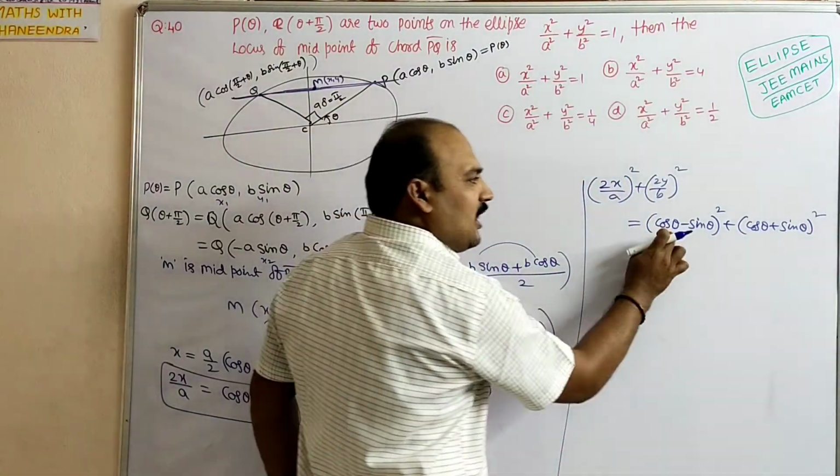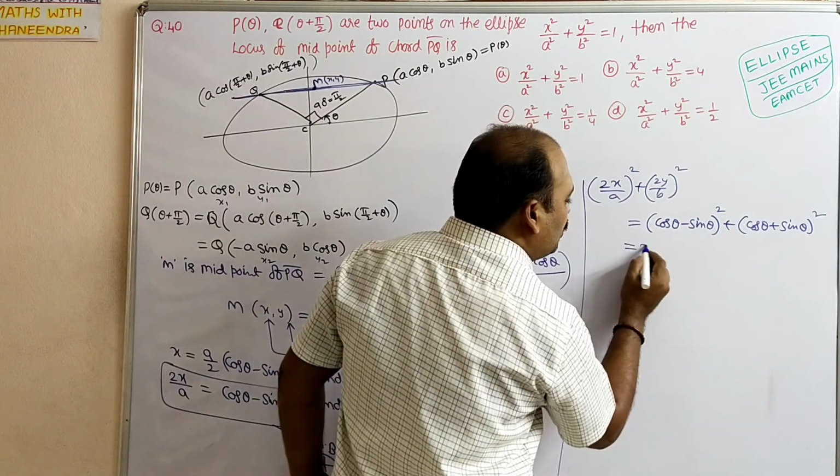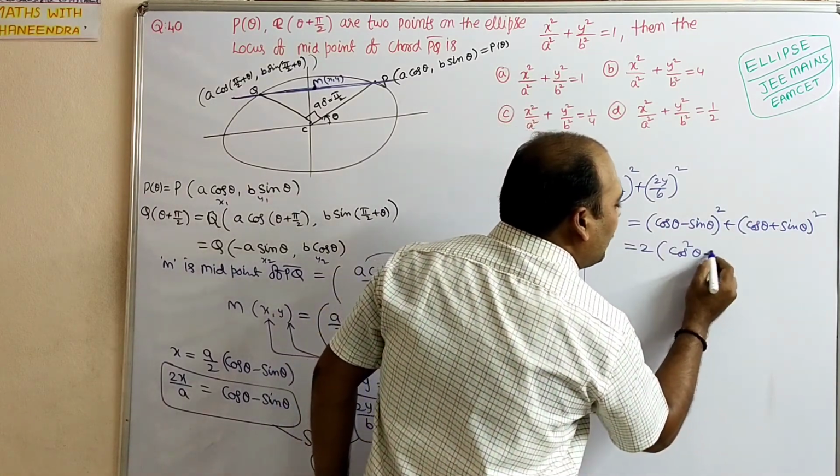It is looking like (a minus b) whole square plus (a plus b) whole square, which is 2 into a square plus b square itself only, no?